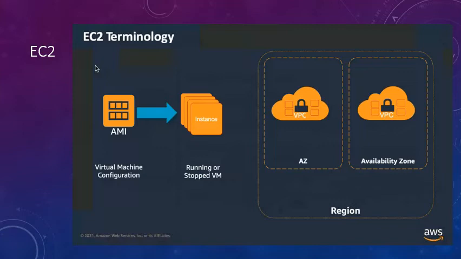But you can also have a public one, so you can have a virtual public cloud as well. Just to confuse you, the public one will allow people outside of your network to get access to some of the stuff inside your network, for example. So that's just some terminology there. So a particular EC2 instance, remember that's a virtual machine, can be running or it can be stopped.